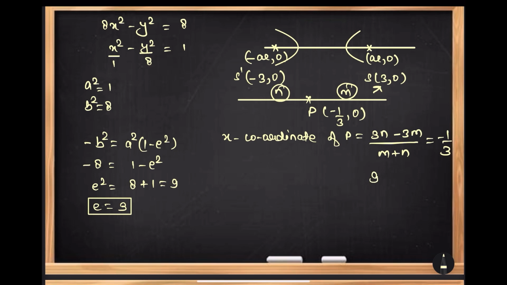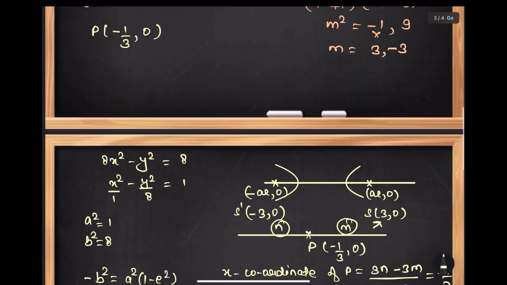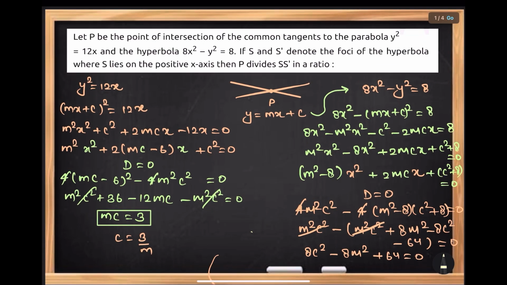So 9n minus 9m equals minus m minus n. So we will have 10n equal to 8m. We want m by n, so it is 10 by 8, which is 5 by 4. Therefore the ratio in which P divides S dash is 4:5. I hope the idea is clear.